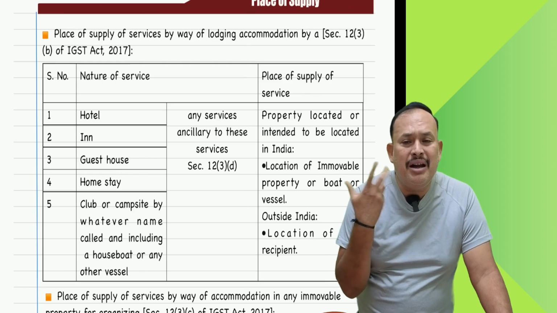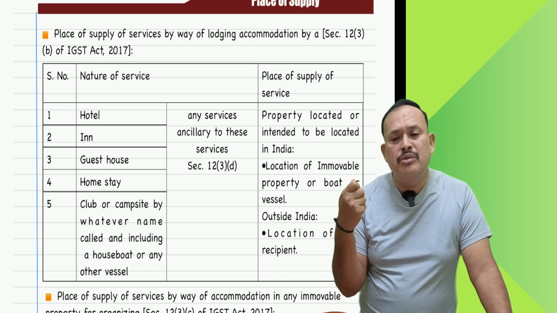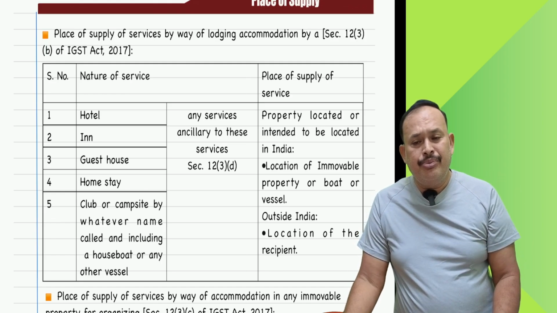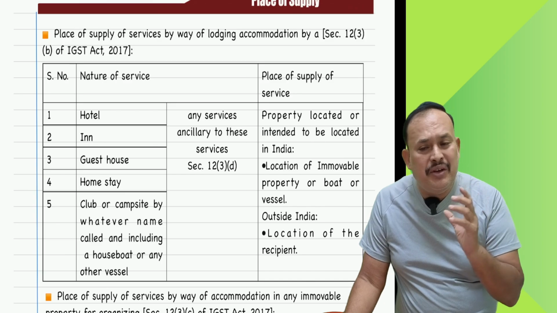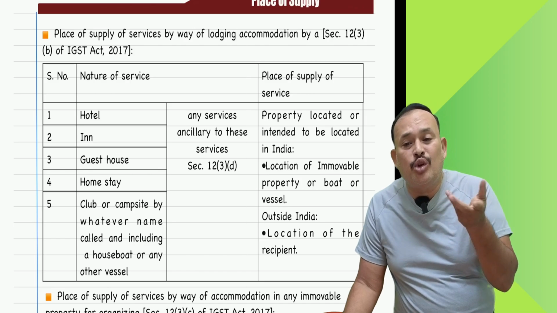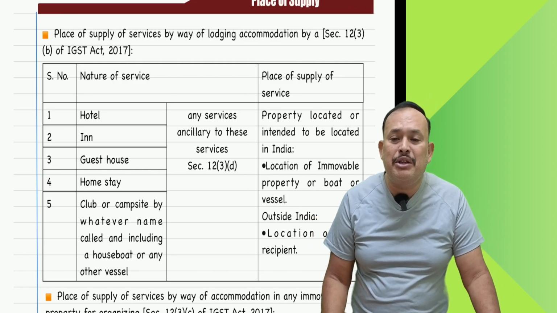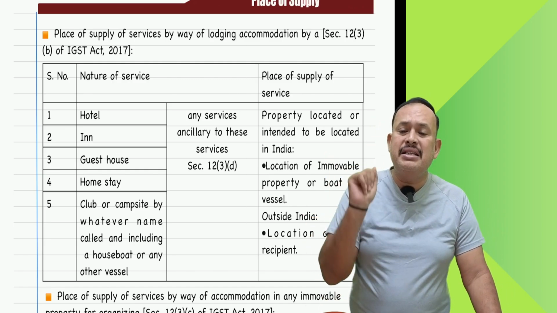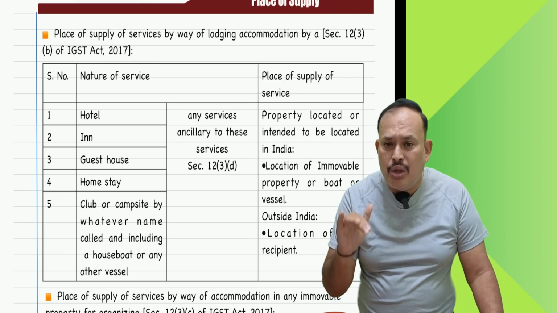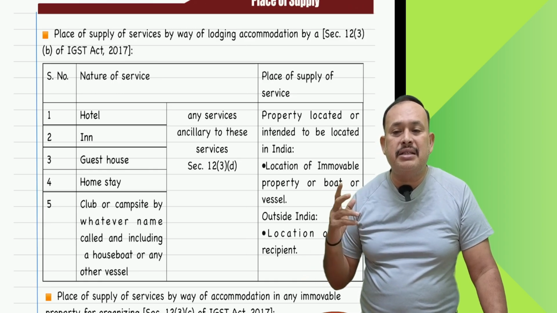Bharat Hotel, the supplier, is located in Kochi, Kerala. The recipient is from Chennai, Tamil Nadu. What is the place of supply for the lodging accommodation in a hotel where the property is located in India? Where located? Cochin, Kerala. Therefore, place of supply goes to Cochin, Kerala. Location of supplier is Cochin, Kerala. Place of supply is Cochin, Kerala. Liable to pay GST, because it is interstate supply.